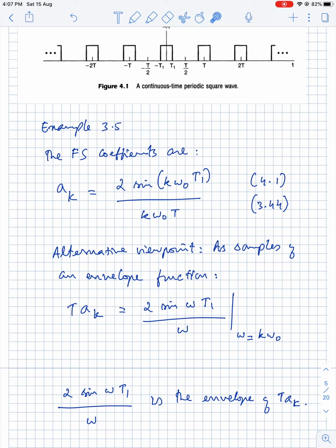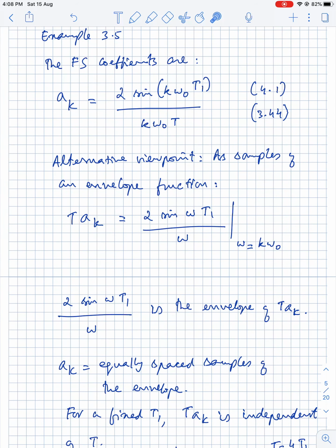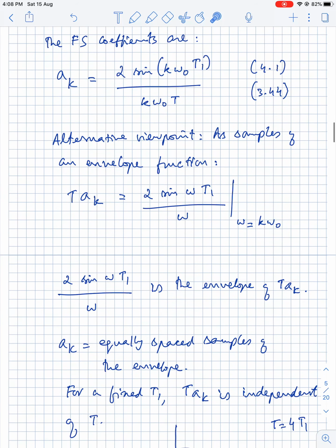If you see, these T a_k coefficients are nothing but samples of this particular function. There is some function here of omega, and what we are taking, starting from 0, are samples of this continuous function, and those samples are the T a_k.